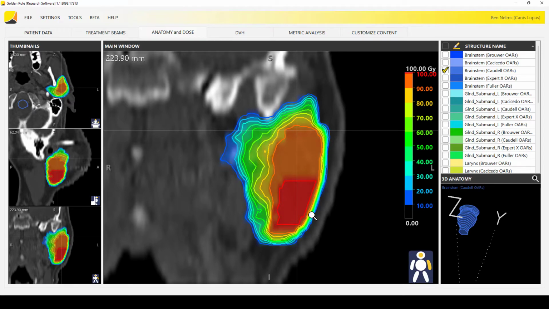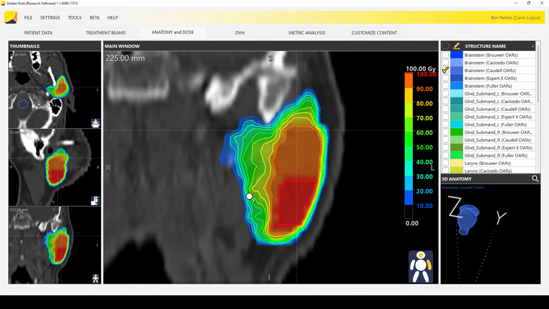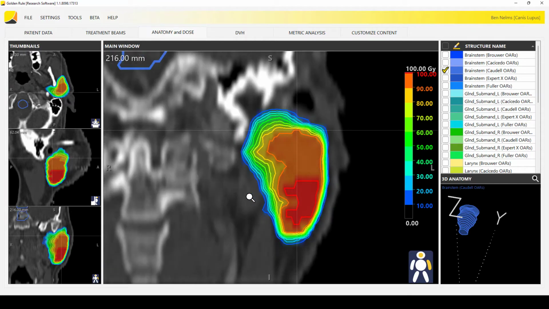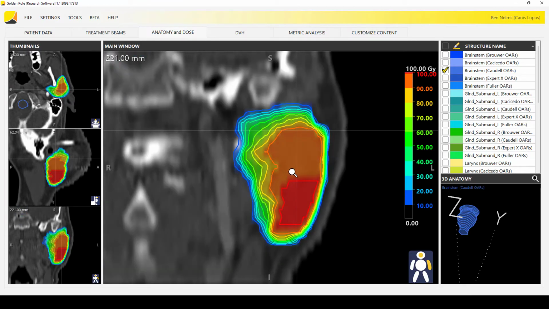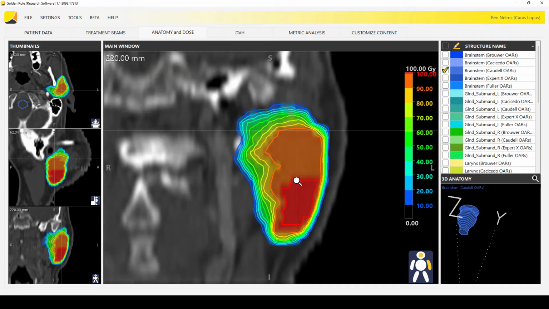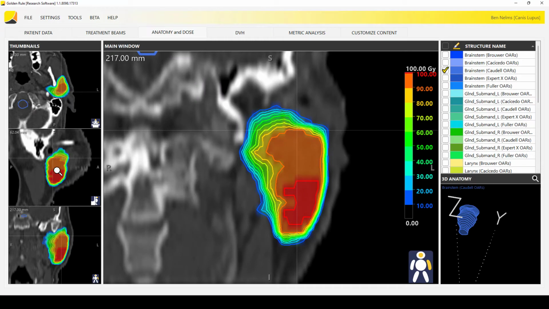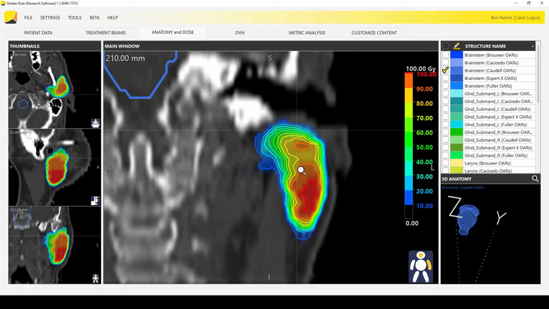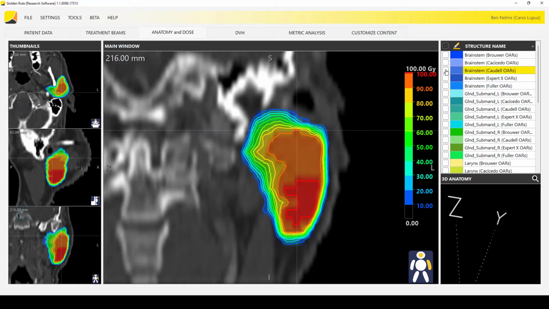And then we have high agreement on the edge near the patient's surface. That's not surprising. But then we see a very large region of disagreement in basically all the other directions, especially superior and then inwards toward the body. So you kind of get the idea here that this is certainly not as consistent as the brainstem was.